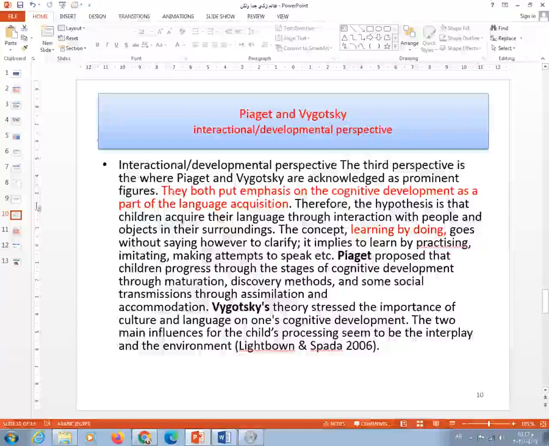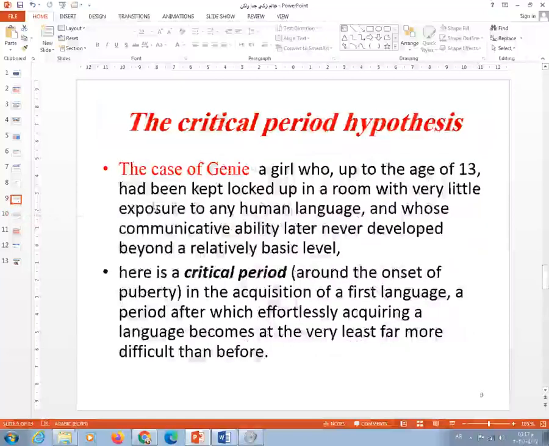There are going to be other theories I'm going to show you, but let me talk about another important term here.